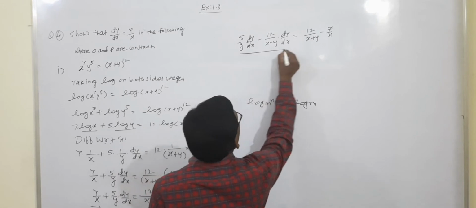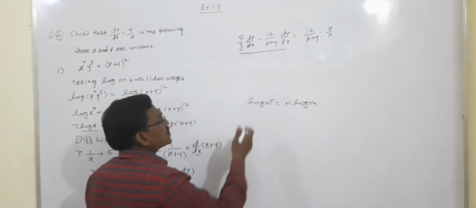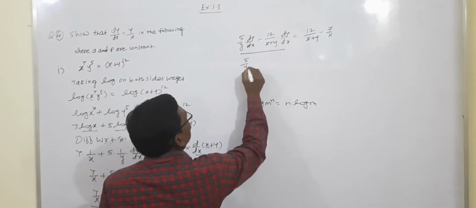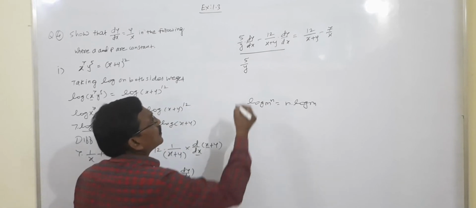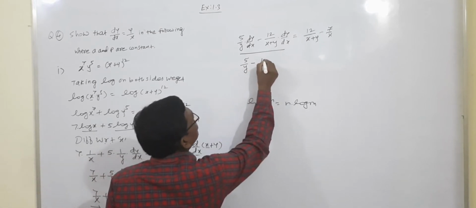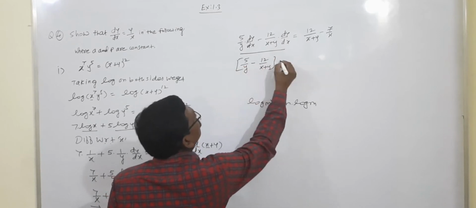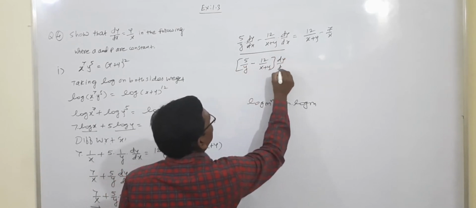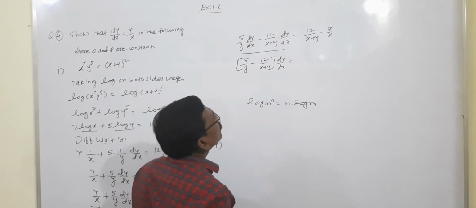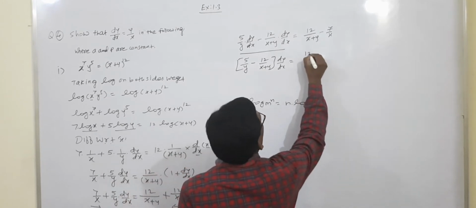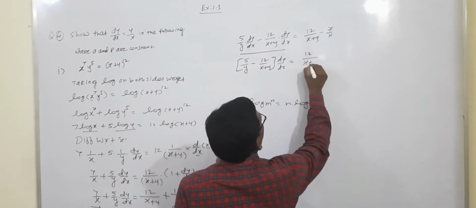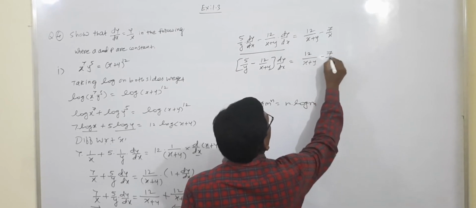Now we take common dy by dx from these two terms. So when we take common dy by dx here, it is 5 by y minus 12 by x plus y into dy by dx is equal to this term as it is, 12 by x plus y minus 7 by x.